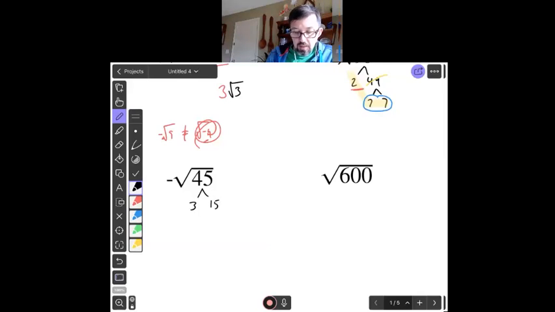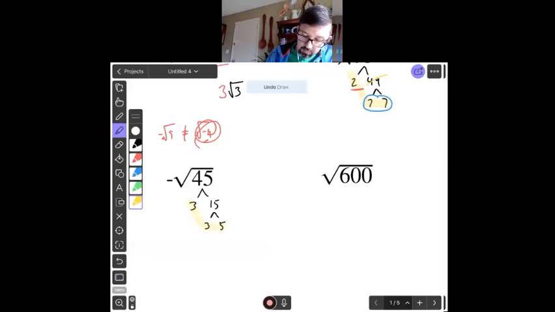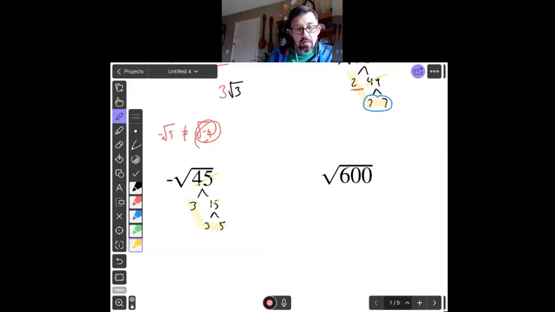Is 15 prime? Nope. So we need to break apart 15. What's the smallest number that goes into 15? Yeah, right, Jared, 3. That's 3 times 5. And then 3, 3, and 5 are all primes. So there's our little sock. Again, these numbers here are broken. You can cross them out if you want to. I usually don't, but okay.